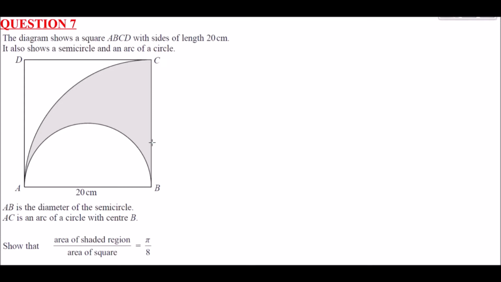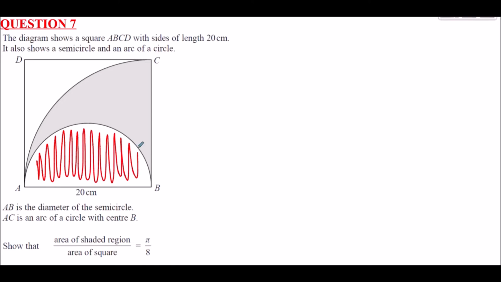So what we need to think about here is how we can think of this shaded area in relation to this quarter circle and that semicircle. The way I'm thinking of it, which is just one way, is I'm imagining that this corner bit used to be a full quarter circle, like so.